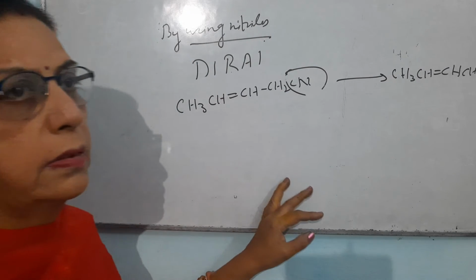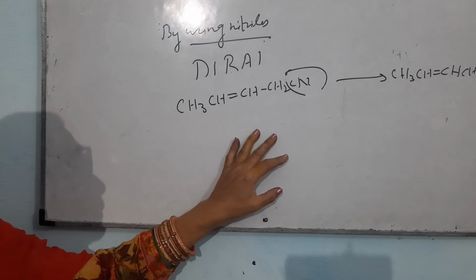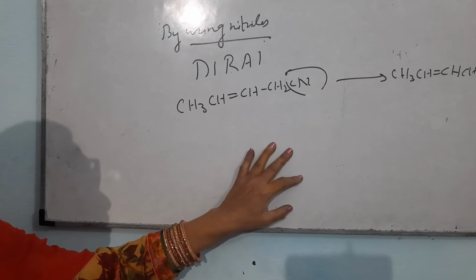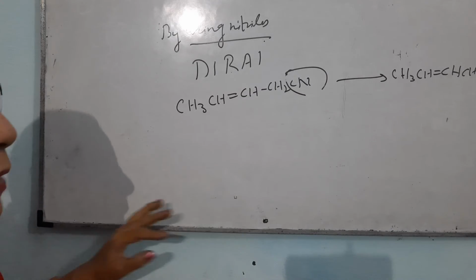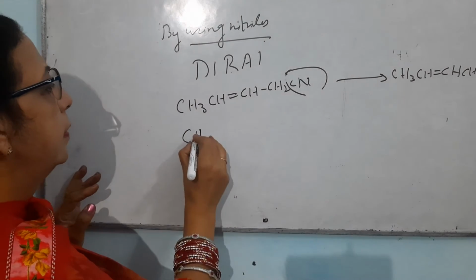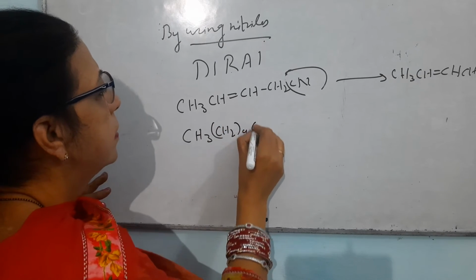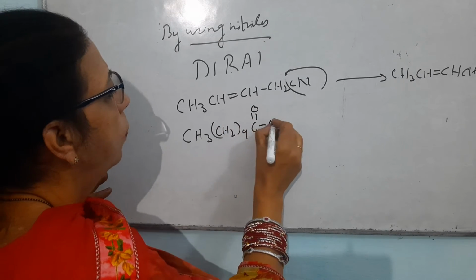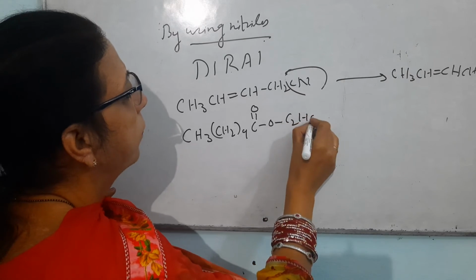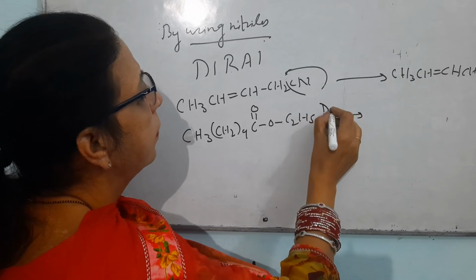Even esters can be converted in the form of aldehyde by using this method. Suppose there is an ester CH3 CH2 COO C2H5, and the reaction is done with DIBAL.